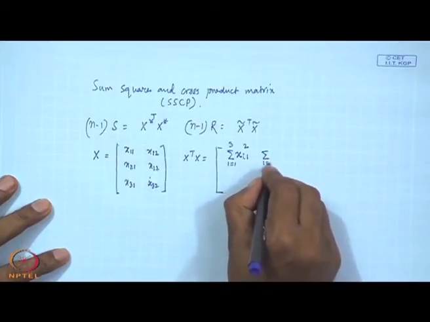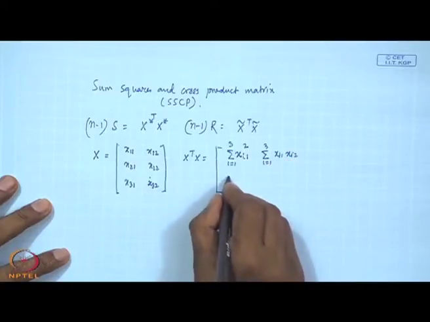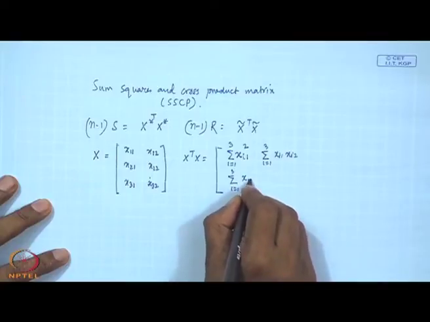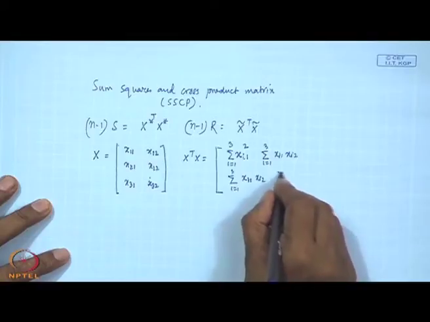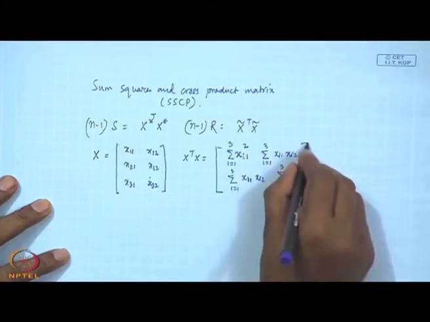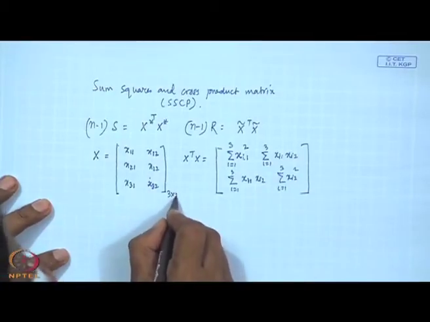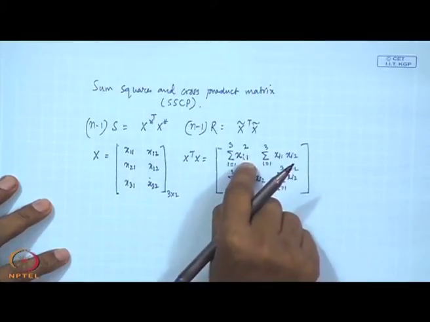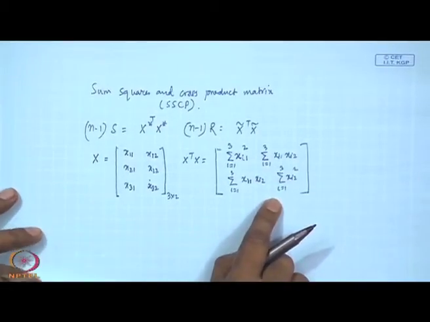Here i equal to 1 2 3, x i1, x i2. Here i equal to 1 2 3, x i1, x i2. Here sum of x i2 square, i equal to 1 2 3. I have taken 3 cross 2. If you multiply, you will be getting this, because earlier we have seen subtracted by mean and divided by standard deviation case, we got a similar formula.